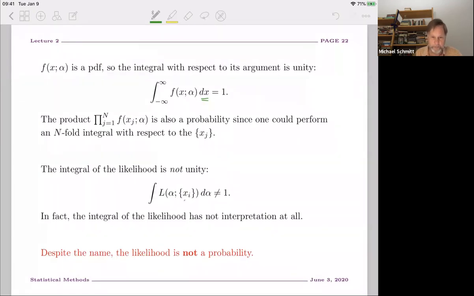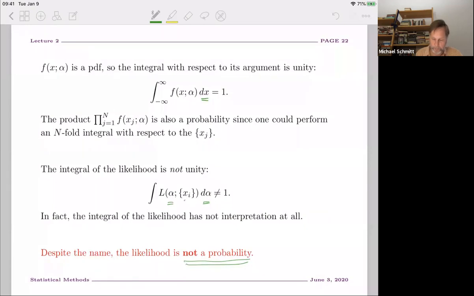X is given to us. We're going to integrate it over the parameter alpha. And here, there's absolutely no reason why the integral of this function over alpha has to be equal to 1, right? So it does not satisfy the normalization condition for a PDF, and therefore it is not a probability. Okay, I hope that's clear.